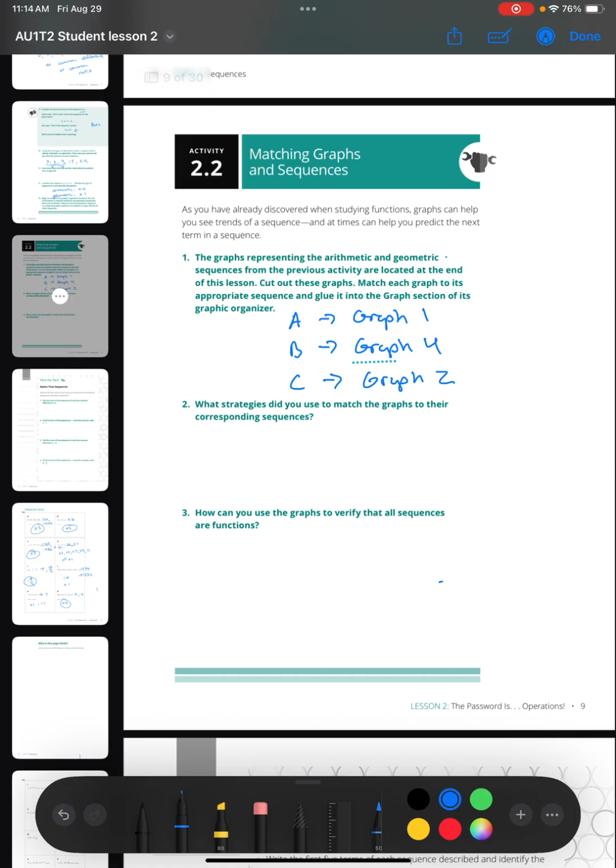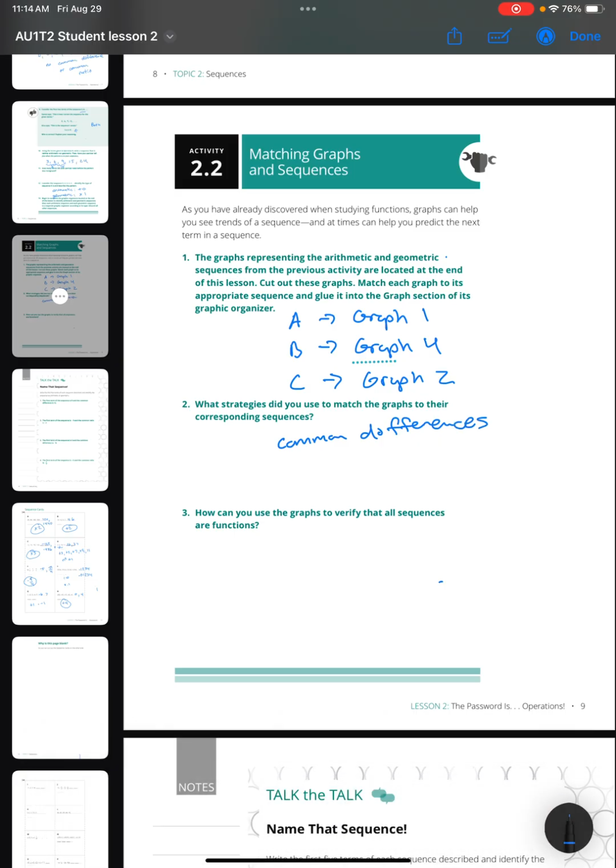So 2 and 3, it's most to discuss amongst yourself. A lot of options here. What strategies did you use to match the graphs to the corresponding sequences? You could say like what I was just mentioning. Common differences, so arithmetic, produce linear graphs.